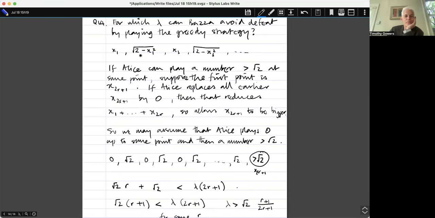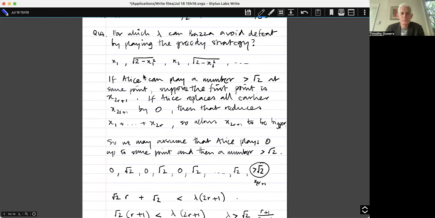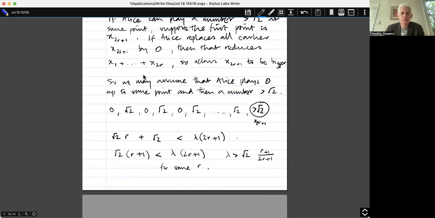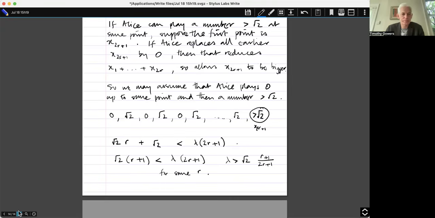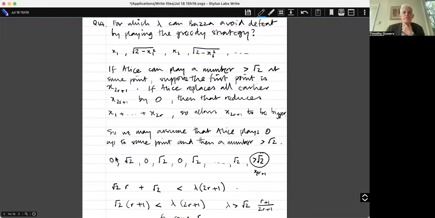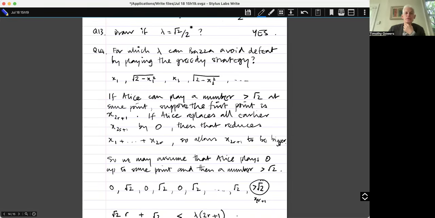If Bazza can't play that number, that tells us that x1 was bigger than root 2, and so I'm actually sort of starting to wonder whether Alice is going to win if lambda is strictly bigger than root 2 over 2.